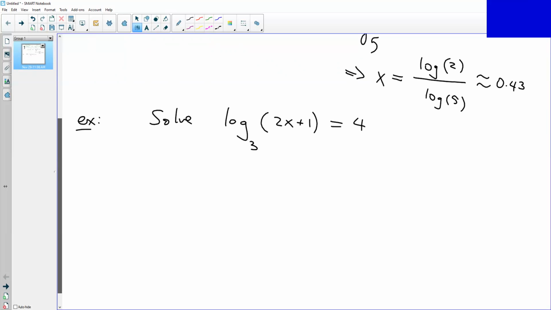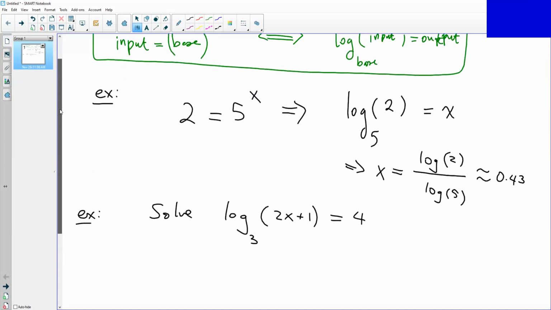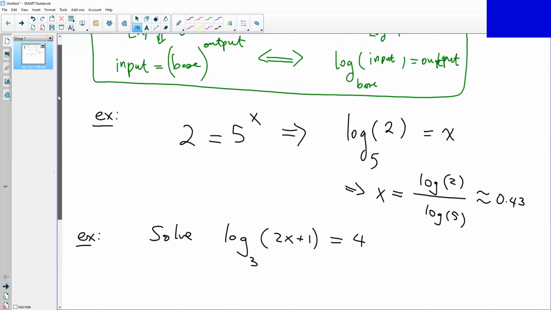Since I have a log form, I always have three things, right? Three numbers: base, input, and output. So I'm going to convert it like this: input equal to base to the output.